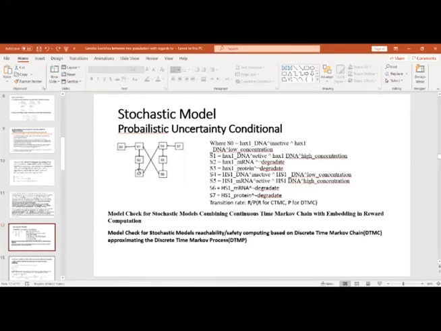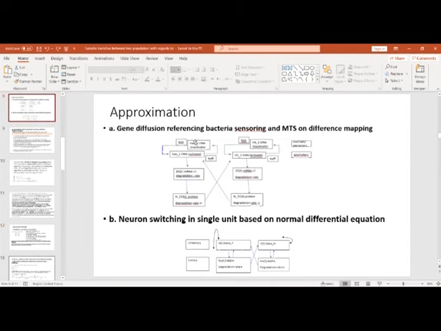It's quite similar to the process of how it transfers from the switch of HEX1, then to the mRNA, then to the protein.